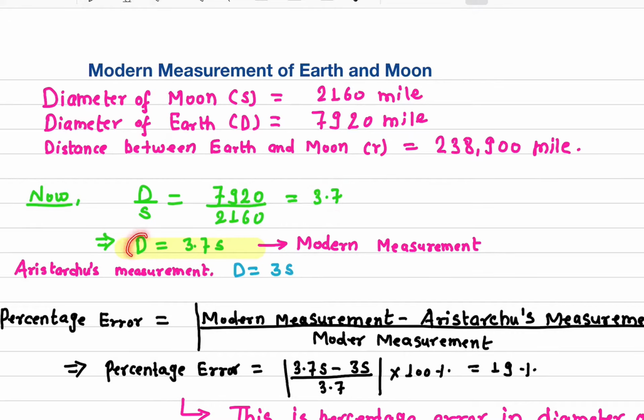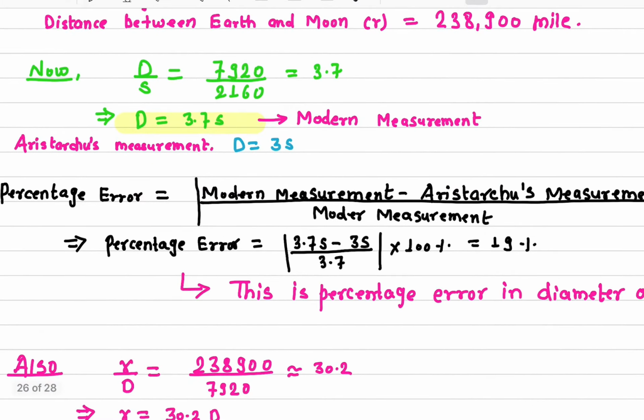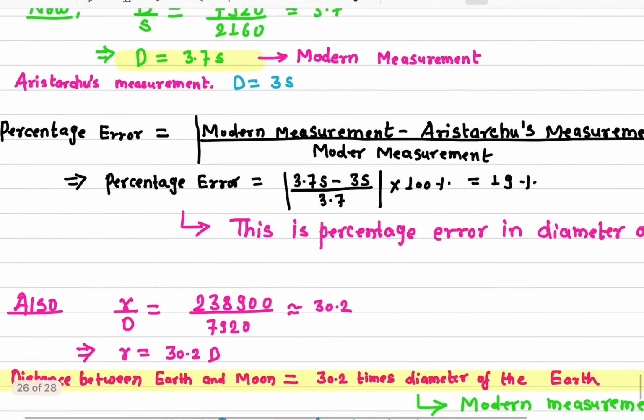That means the Earth is 3.7 times bigger than the Moon in diameter. But Aristarchus measured only 3 times. So he was quite short of this. If you calculate the percentage error, it was about 19% in measuring the diameter of the Moon.